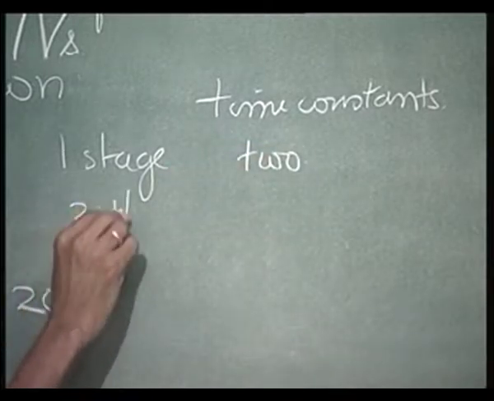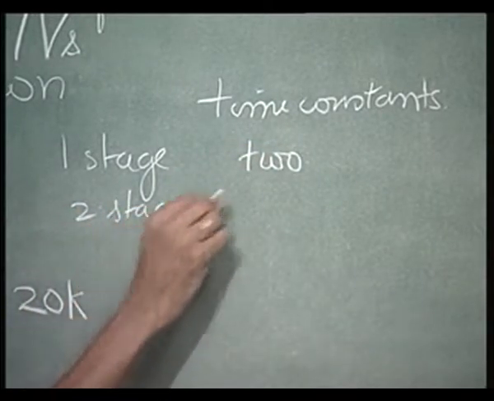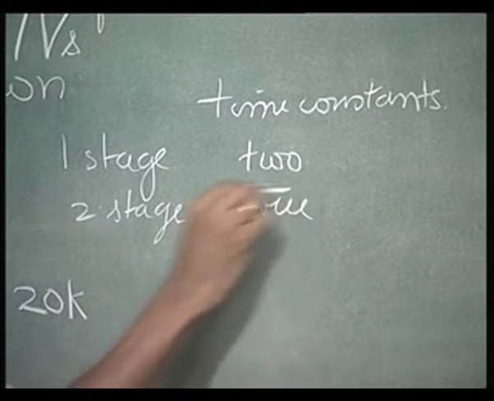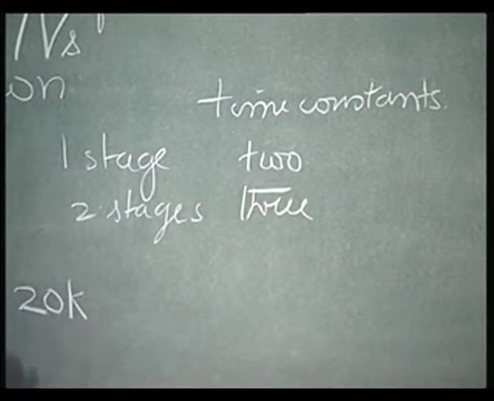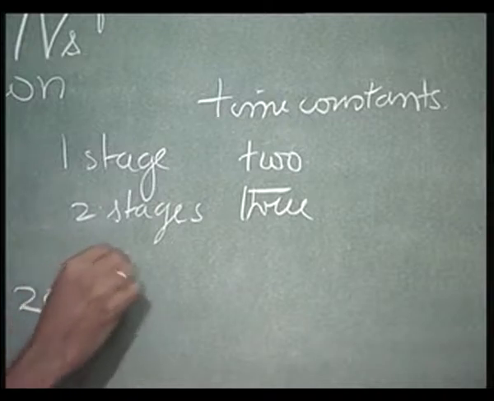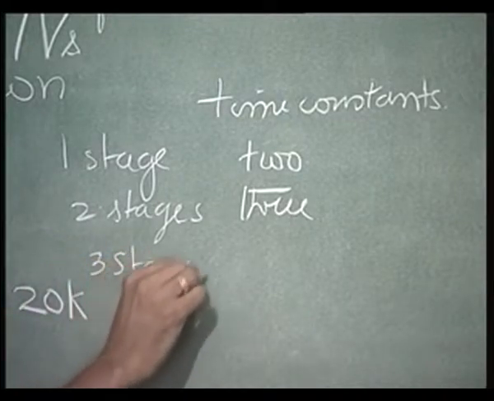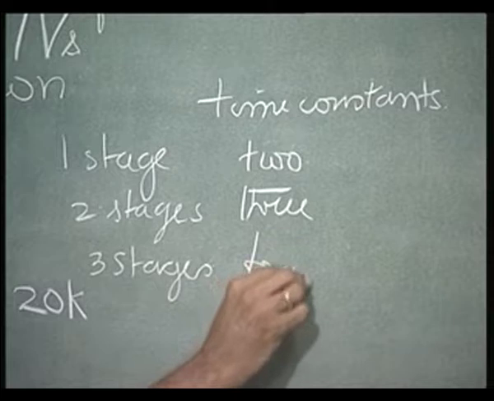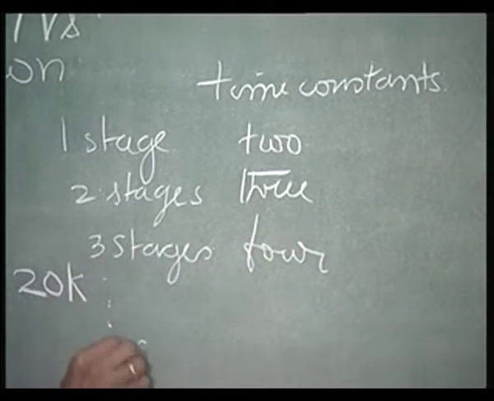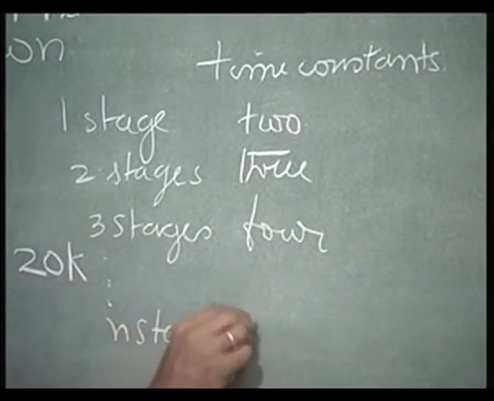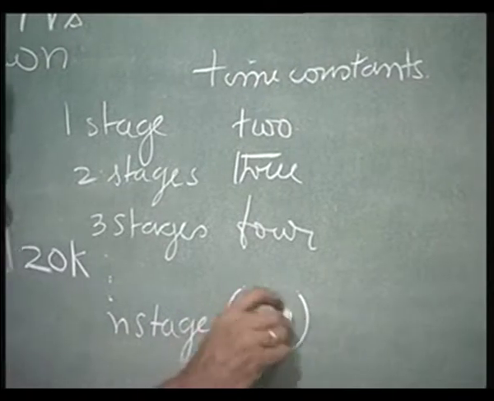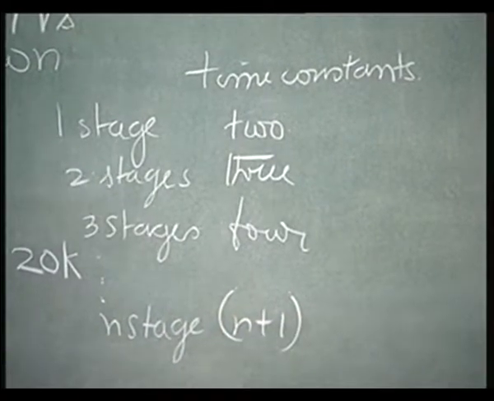Two stages, 3 time constants: input, intermediate, output. 3 stages, 4 time constants. N stages, at least n plus 1 time constants will be there.